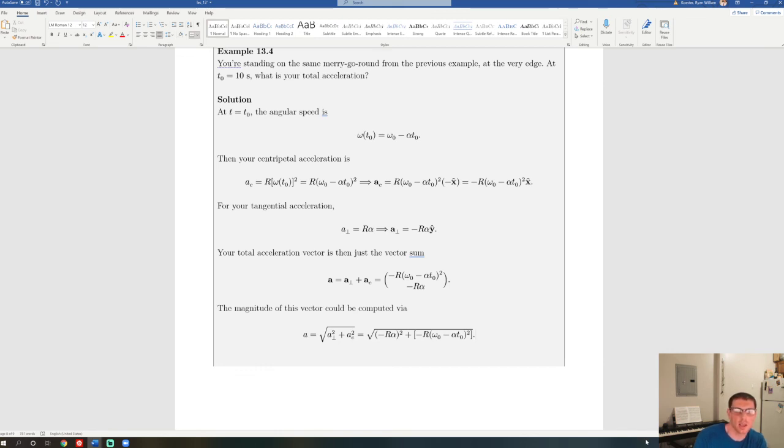Anyway, that is it for this lecture. Hopefully this was clear. If not, of course, you can reach out to me with questions. The next topic we'll get into will actually be torque, where we're going to basically figure out what Newton's second law looks like in the angular domain, let's say.